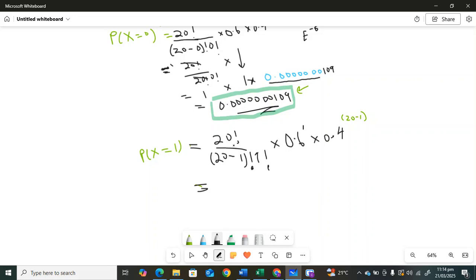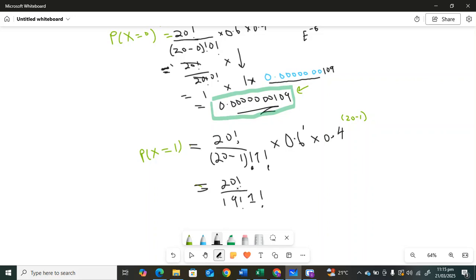Okay, so 20 here. 20 minus 1, it's 19 factorial. So we have 20 factorial over 19 factorial, 1 factorial. To make life easy, colleagues, in the exam you don't write 20 times 19 times 18 times 17 until you reach 1.